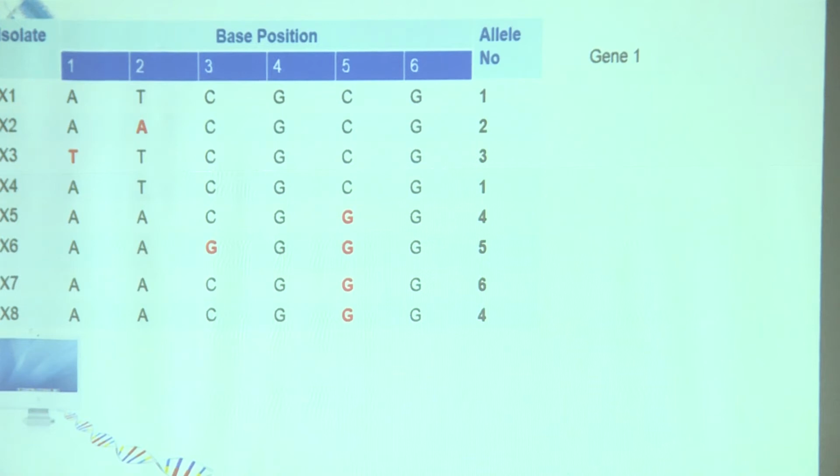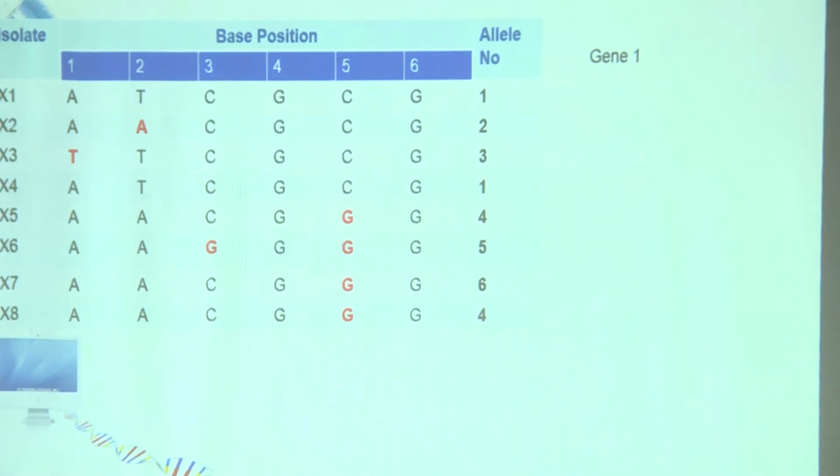Take the example of isolate 1. The first base call is A. Isolate 2, the base call is A again. But if you see isolate 3, you are seeing the base call T there, right? So we gave 1 here. When I move to isolate 2, I found the second base call. Had it been T, I would have given 1 here. But I found A here, right? Remember, it's the first 6 base pairs.